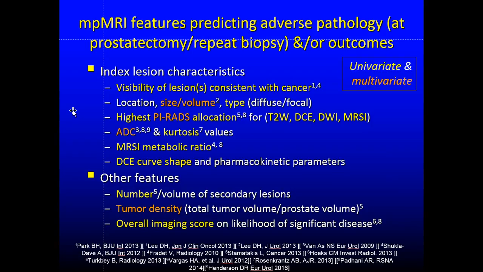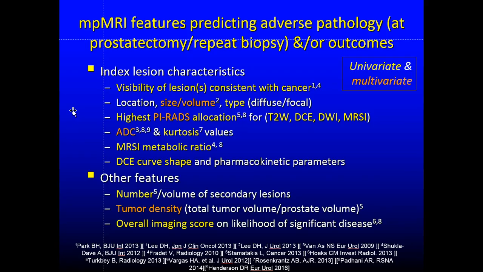Now, it turns out that there have been a number of studies looking at MRI features and how they predict adverse pathology in patients who have features that suggest that they might be suitable for active surveillance. And it turns out that anything on the MRI that suggests that something bad is going on predicts adverse pathology and/or outcomes.